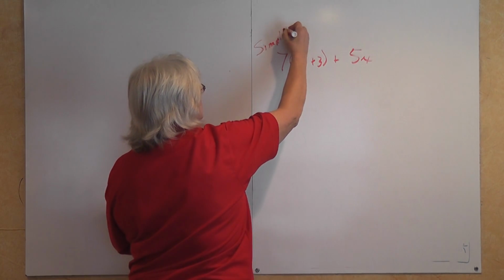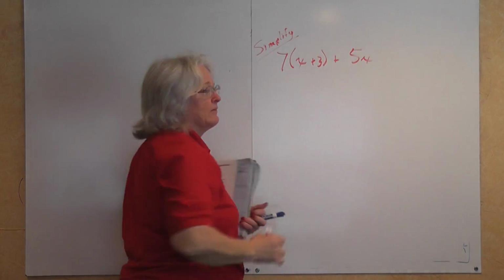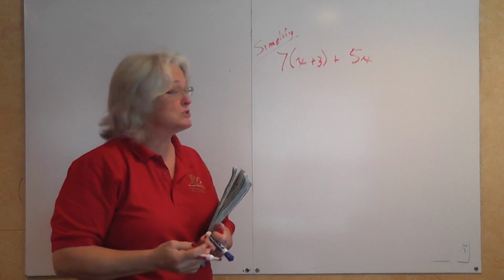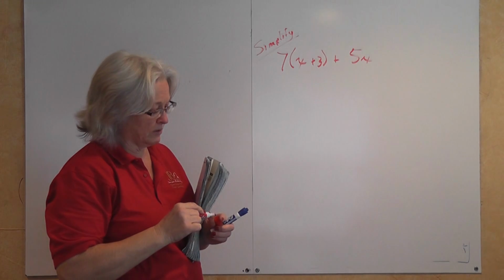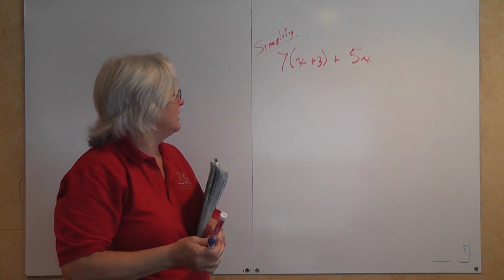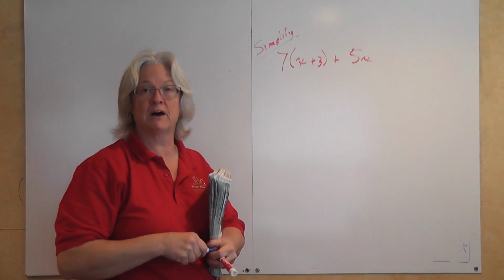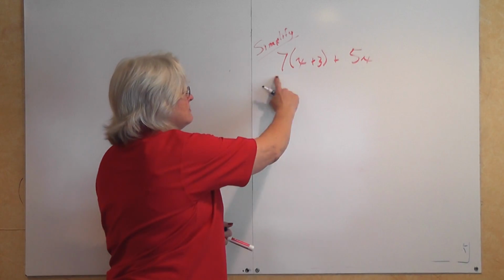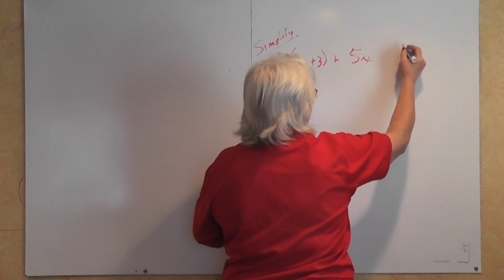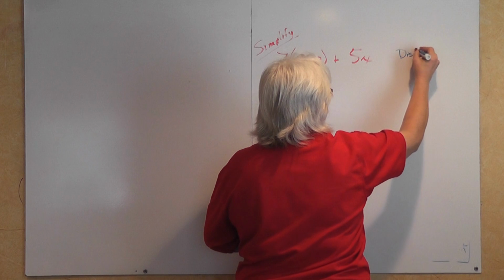Well, in order to simplify, you have to be able to collect like terms, don't you? What do we have going on here? 7 times the quantity x plus 3 plus 5x. I'm going to need to distribute, so I'm going to use the distributive property.